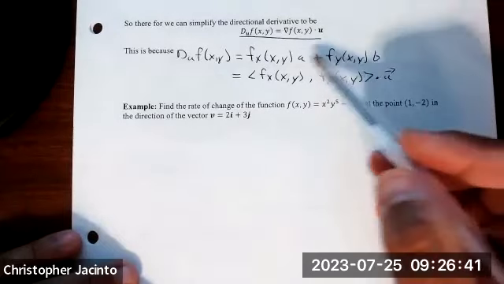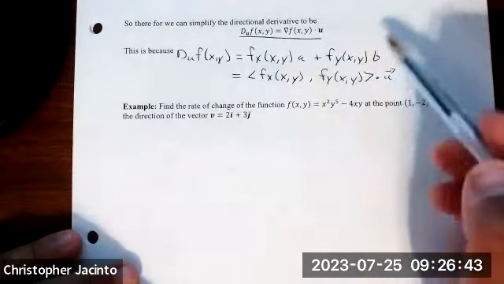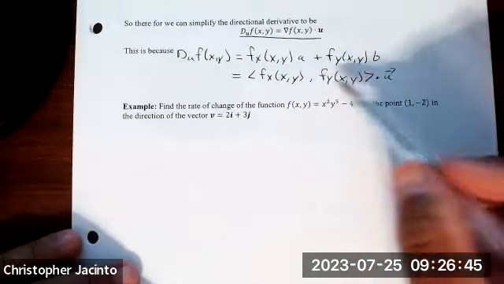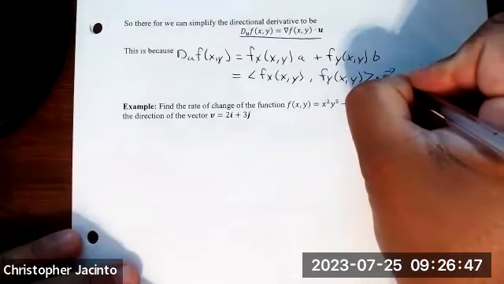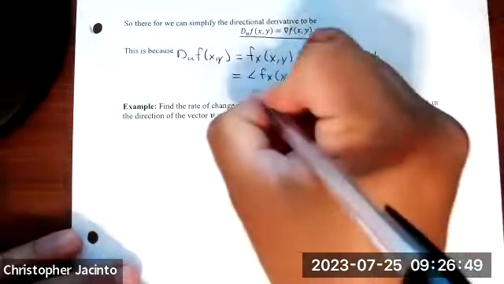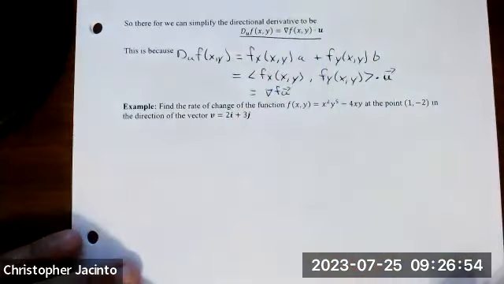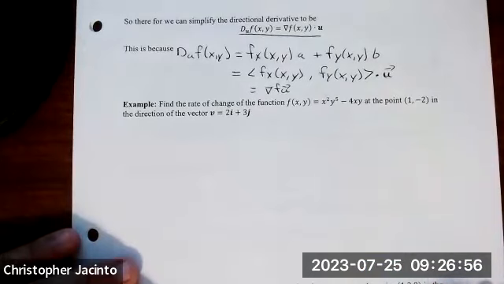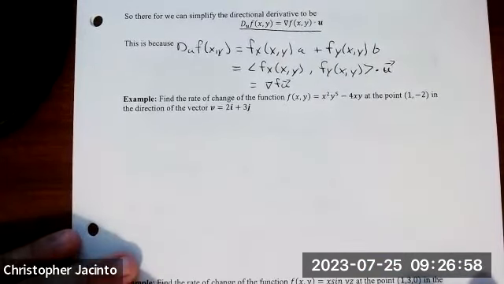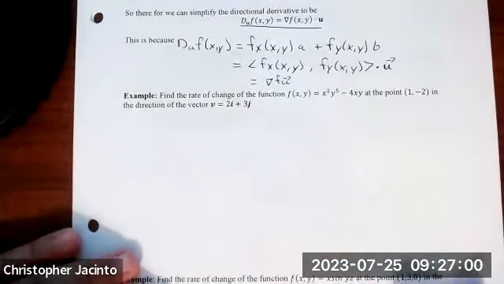Dot product means we just multiply components and add them together. That's the same thing. If this is a vector, we know this is a unit vector, and therefore this is now the gradient of f. It's a nice little proof. So that's how we can write it in that format.